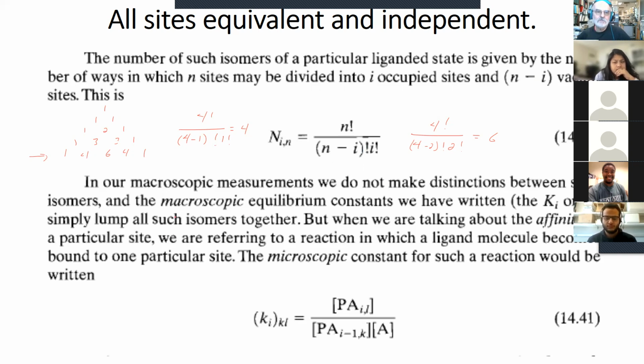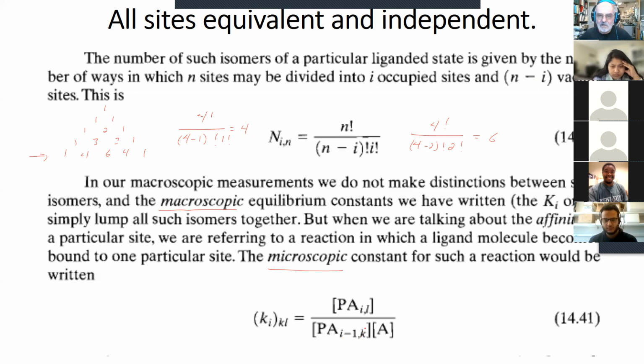So the difference here is the terminology, macroscopic versus microscopic. The microscopic constants reflect the difference between one binding site or one arrangement going to another arrangement, but only one particular site being ligated to create another particular arrangement. So how many total ligands are bound?